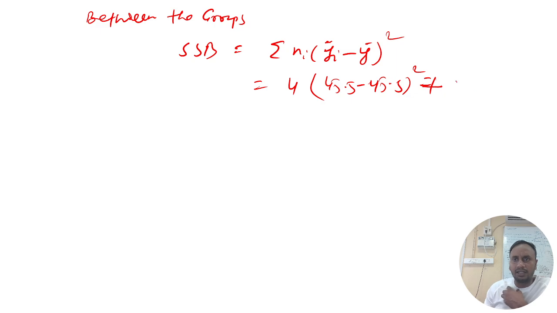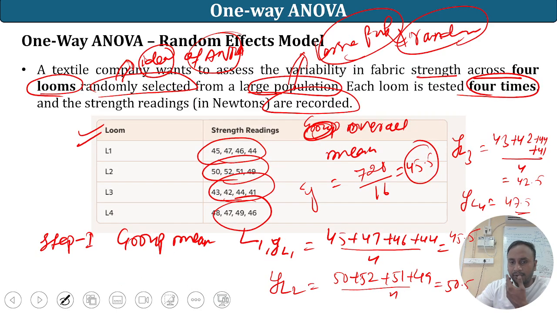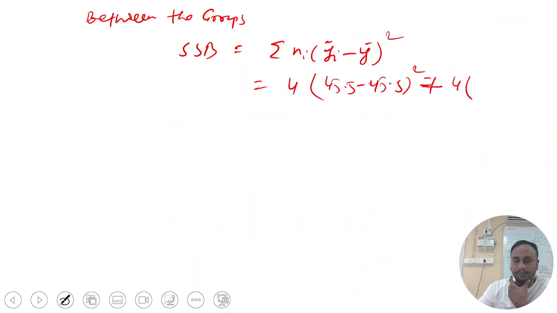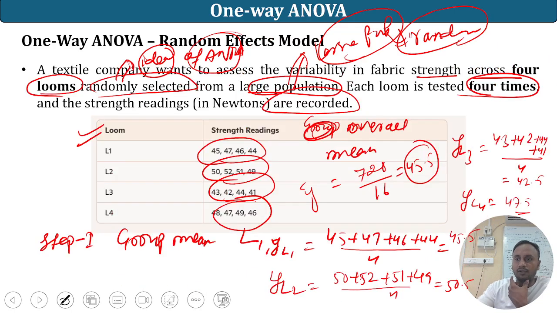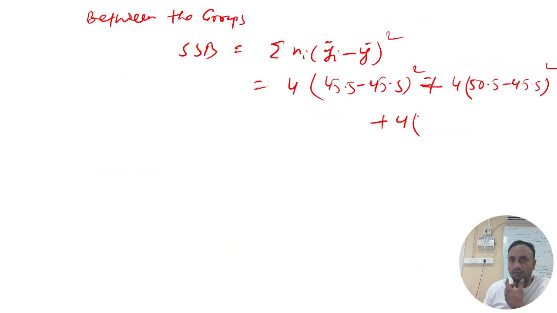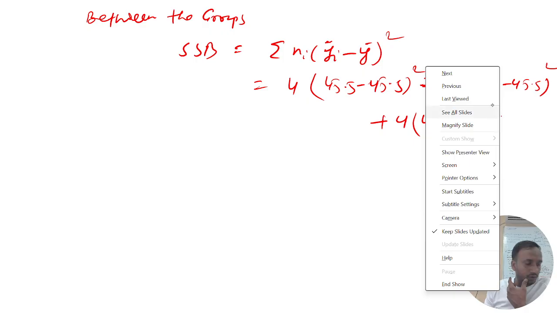Then again we have four. What was the second group mean? 50.5. Then the third was 42.5, and the fourth 47.5. What is the average value actually? 45.5.